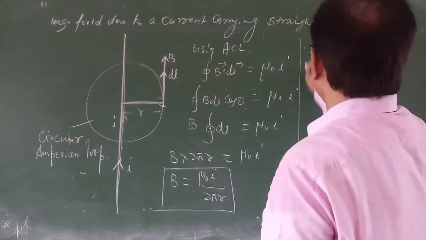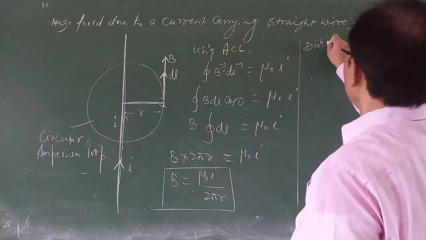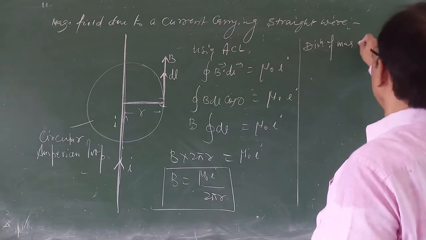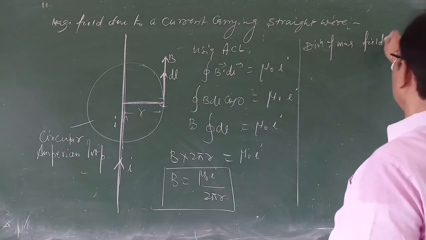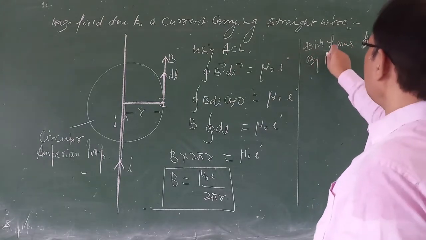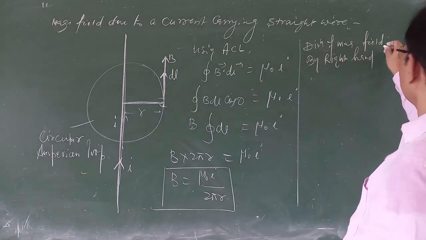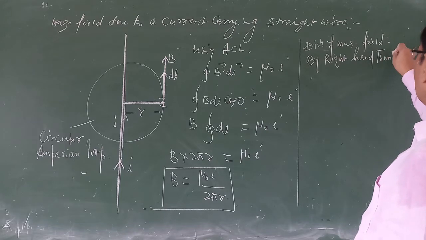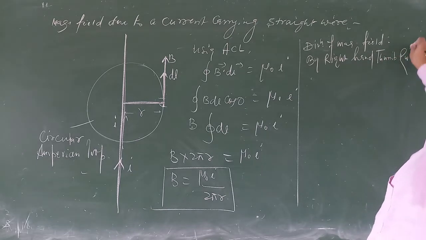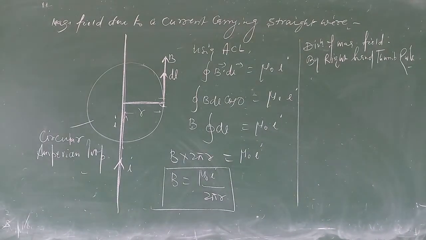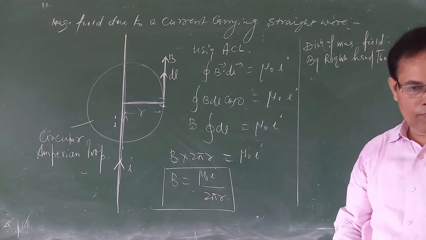And the direction of magnetic field: by the right hand thumb rule, you can find the direction of magnetic field.